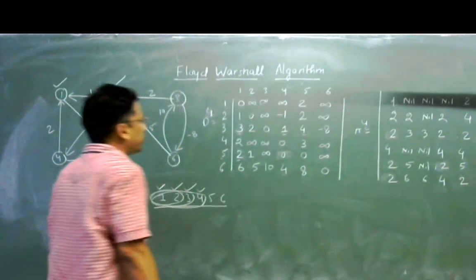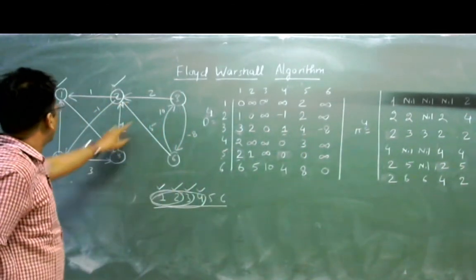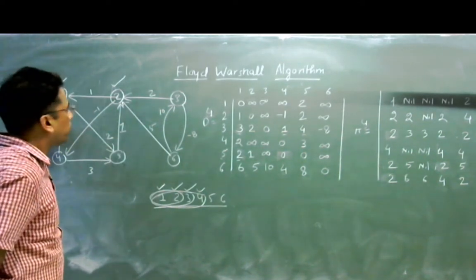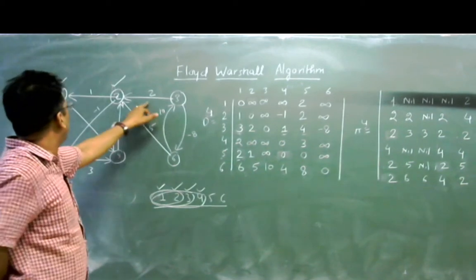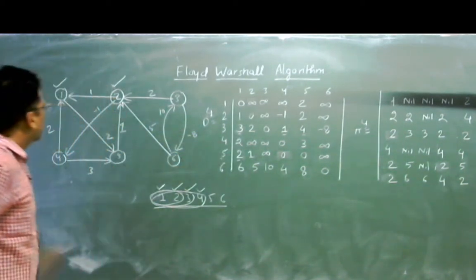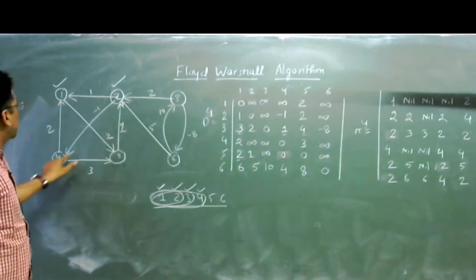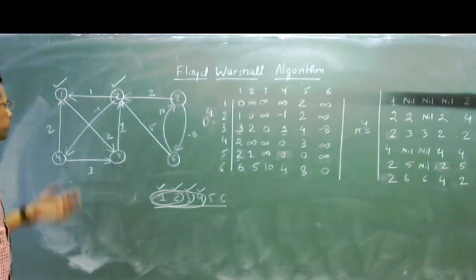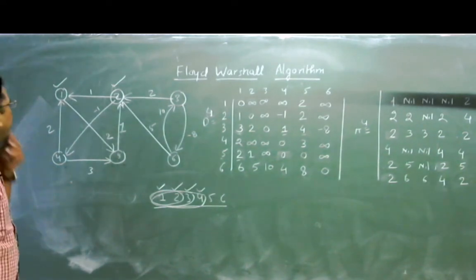This has been updated. Node number 3 will take the advantage, 2 minus 1 and 2. 3 to 1 distance is 2 minus 1, 1, 1 plus 3. It is already 3. 2 plus minus 1 and then plus 2. So that's already 3.